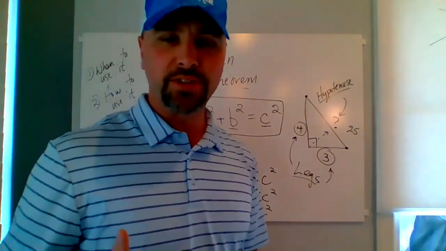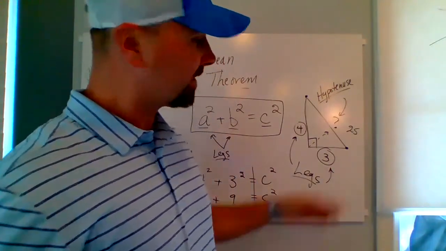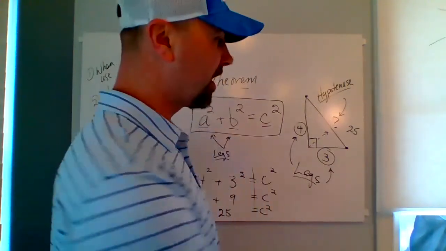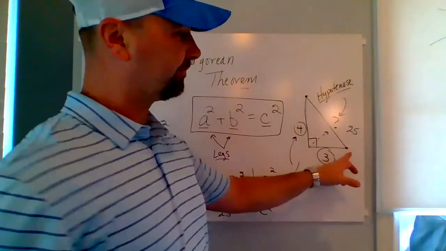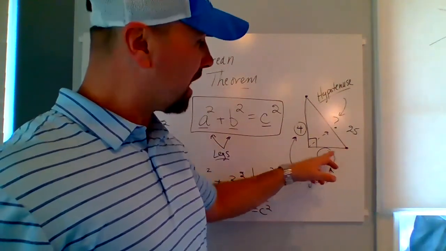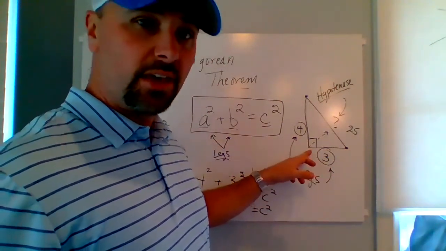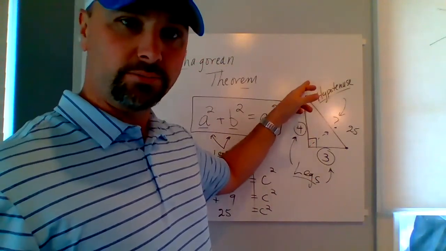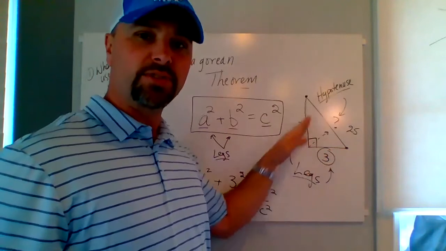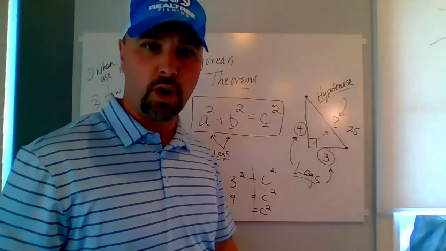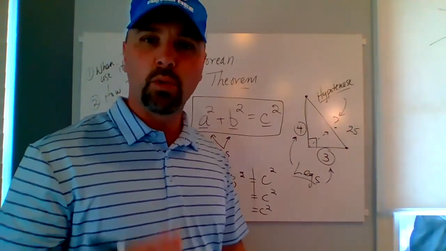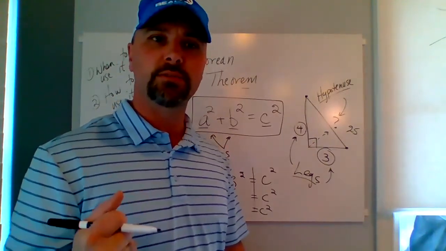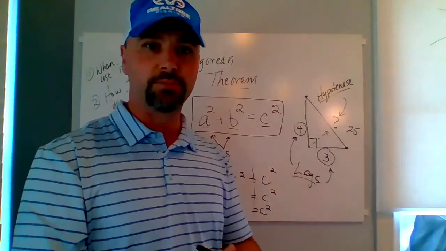If you think about this in common terms, like let's say these are blocks, like you're taking a walk to your buddy's house, okay? If we started here, and we walked 3 blocks west, and then we turned and walked 4 blocks north, okay? That would be a total of 7 blocks that we walked. But one thing you've probably heard is the shortest distance between two things is a straight line, okay?